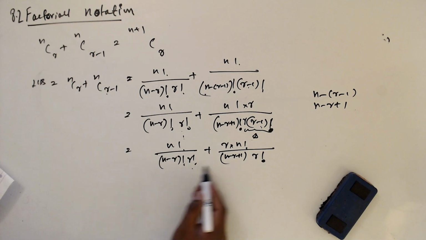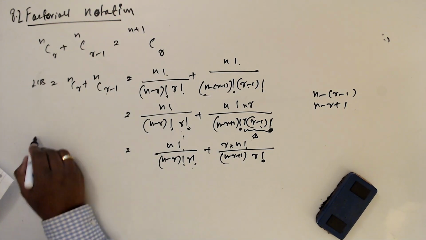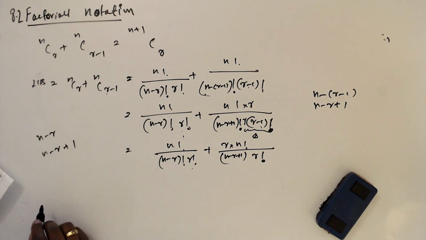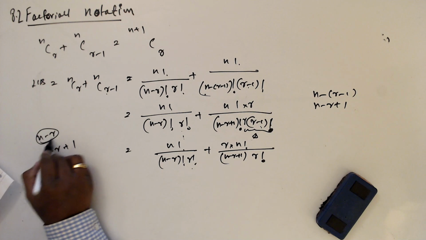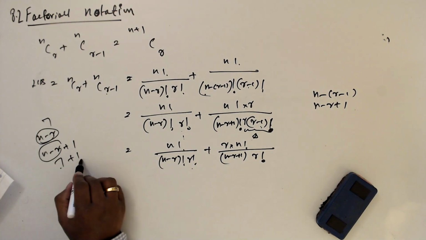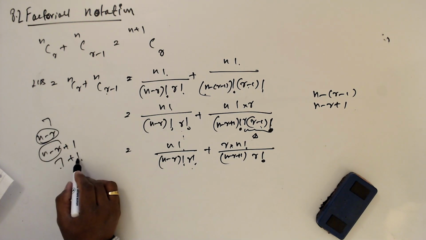The same way I want to adjust this one. Is n minus r or n minus r plus 1 bigger? Let's say n minus r is 7; 7 plus 1 is 8. It's bigger.